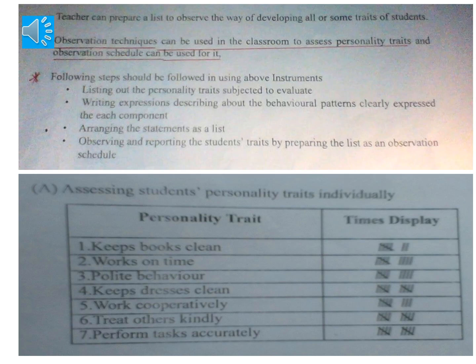But I said in the earlier example that you have to state the positive as well as the negative one, because that child doesn't keep the book always clean, not always polite, right? How can you make those sentences then? Keeps books clean, does not keep books clean, likewise, right? So then you have to use tallies and analyze the results. Okay.